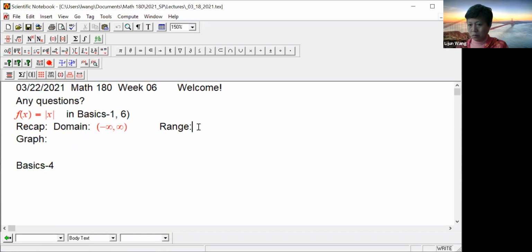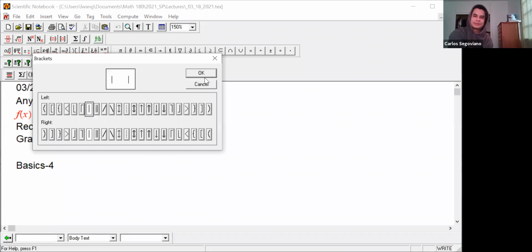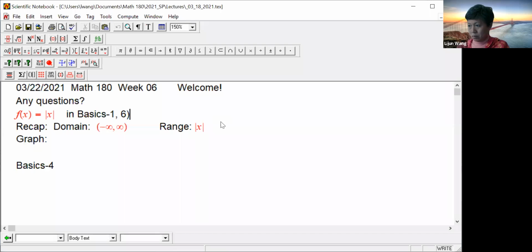Yeah, absolute value of x is greater than 0, or equal to, sorry. That's right. If you give me the first answer, it's wrong. Greater than or equal to 0. Okay, and there's a graph.